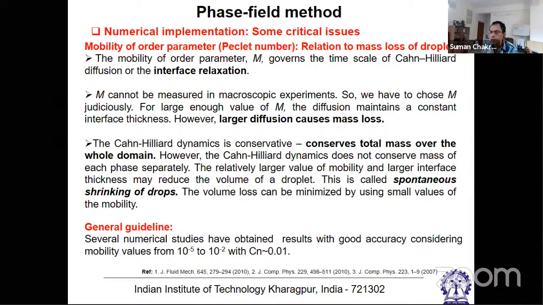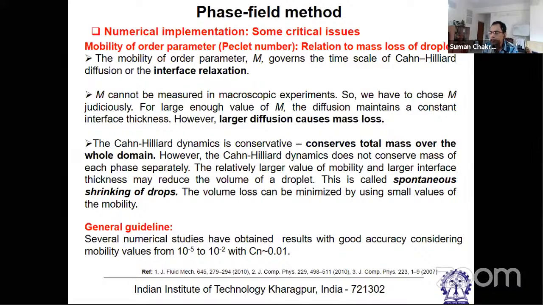The other important parameter is the mobility parameter. If mobility is taken to be large, then that diffusion will ensure constant interface thickness. In a way it is good, but the problem is that a large value of M will lead to artificial loss of mass from one phase and gain of mass in the other phase. So you will see that a droplet which should have a constant volume is magically shrinking.